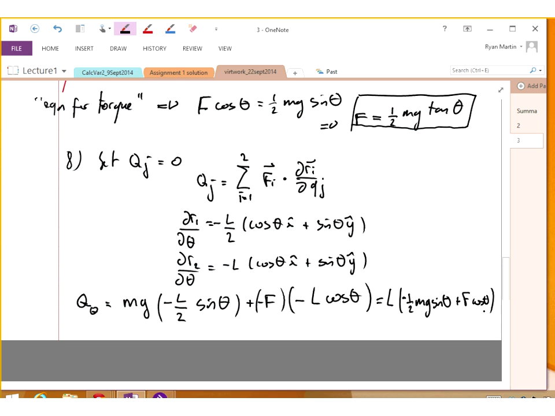And so this generalized force, Q_θ, as you can see, is actually the total torque. So just so I'll start a new page, I'll write on the side here that setting Q_θ equal to 0 is the same as setting the sum of the torques equal to 0.